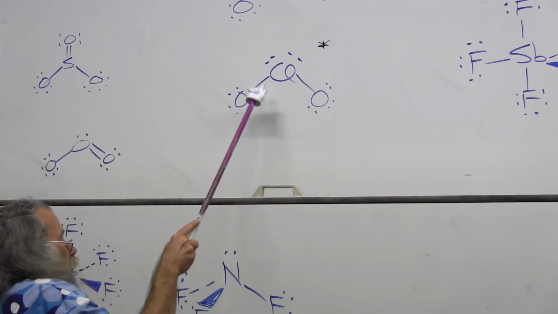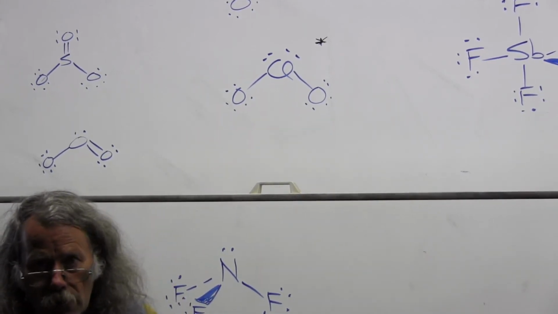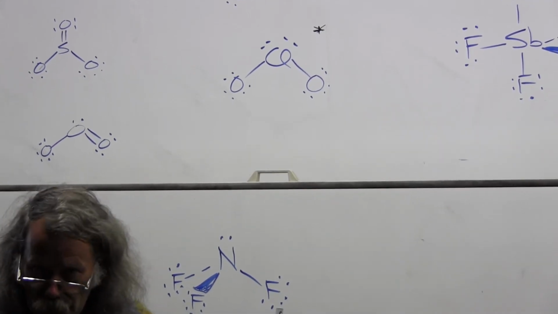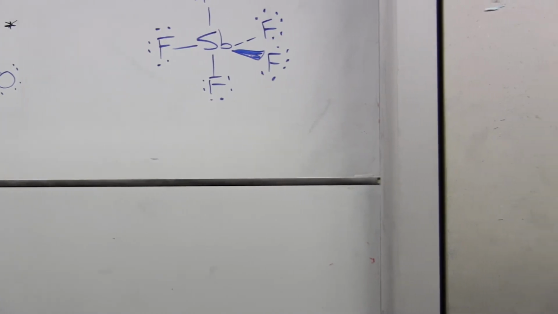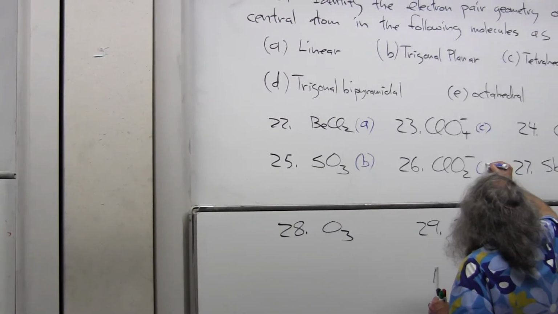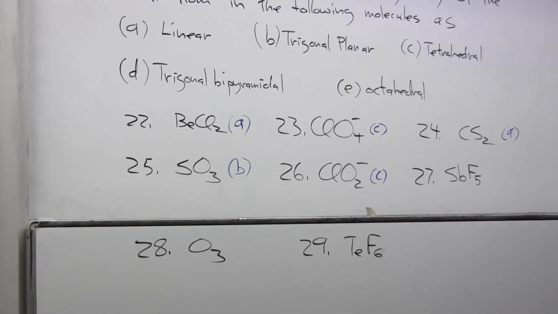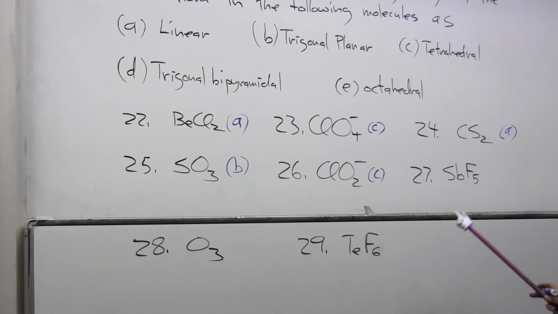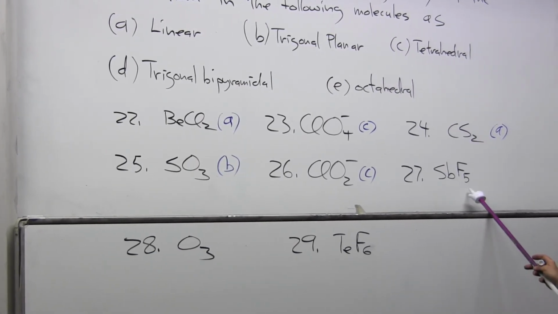Well, that's 4 E pairs altogether, which requires a tetrahedral E pair geometry in order to get those E pairs as far apart as possible. And so that is tetrahedral, which was C in my options.